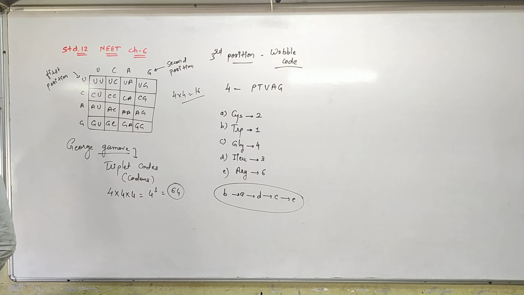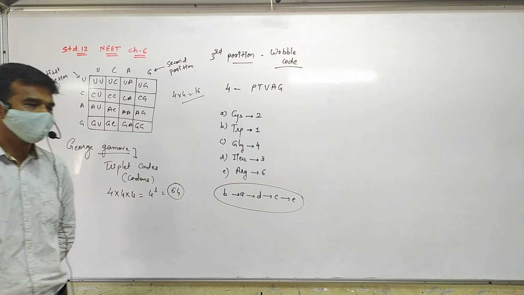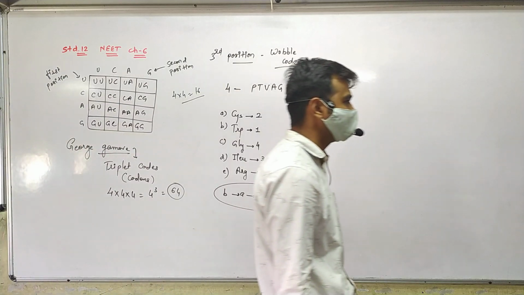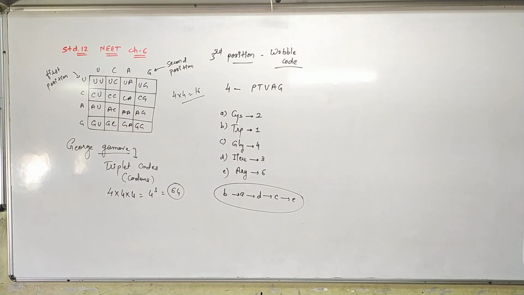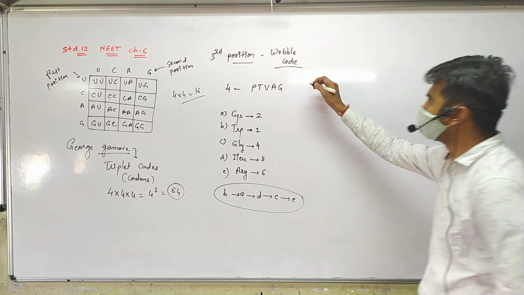Specifically, for a specific amino acid, how many codons are there? That type of question is also asked in the exam. Clear? The third position of the codon is the wobble code.